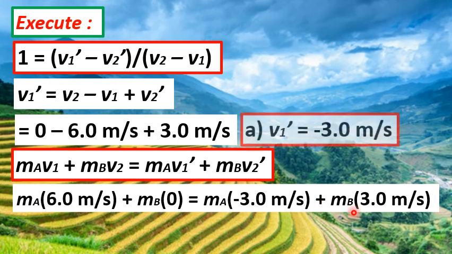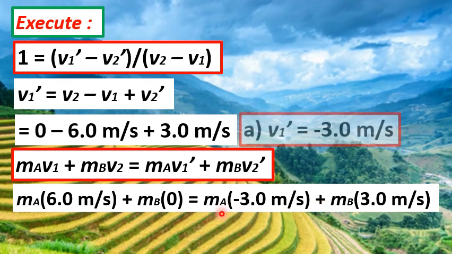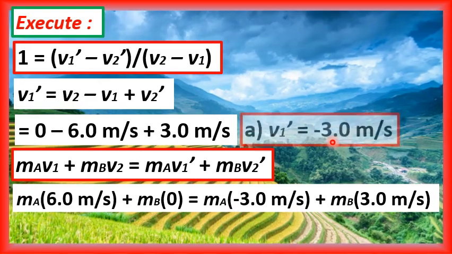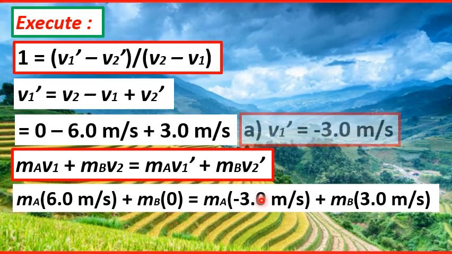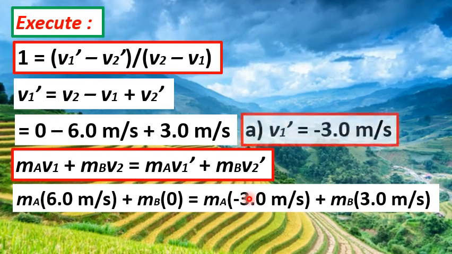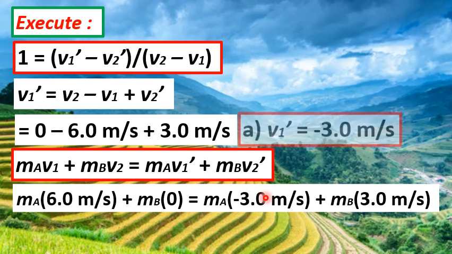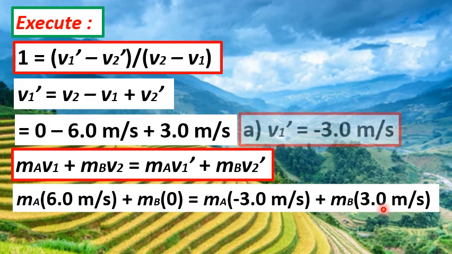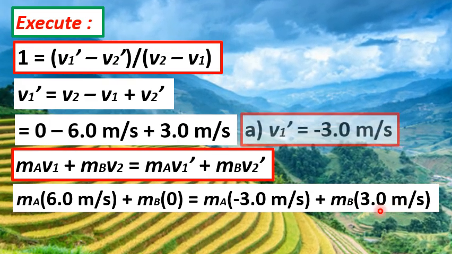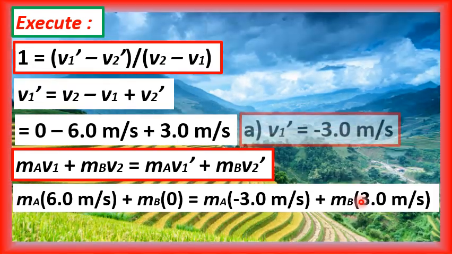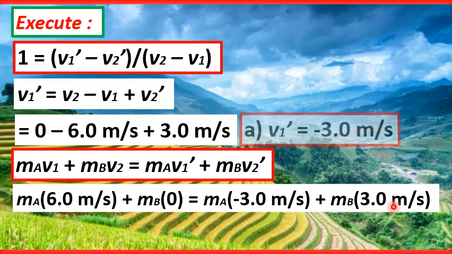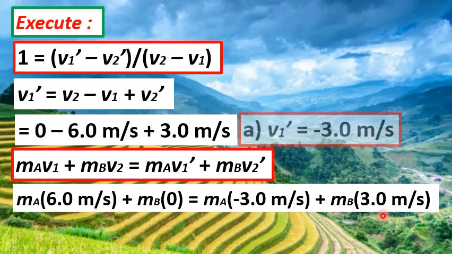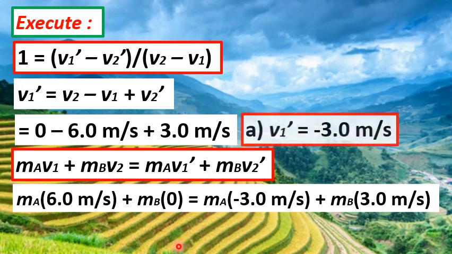And on the right side of the equation, we have the mass of object A, ma, multiplied by its computed velocity just after the collision, the one we just calculated in letter A, p1 prime, which is negative 3.0 meters per second, plus the mass of object B times the velocity of object B just after the collision, which is 3.0 meters per second.